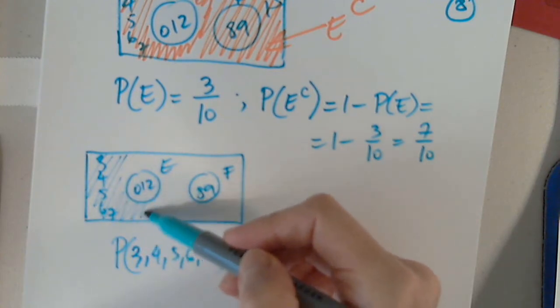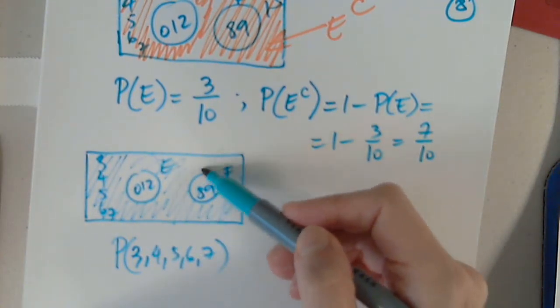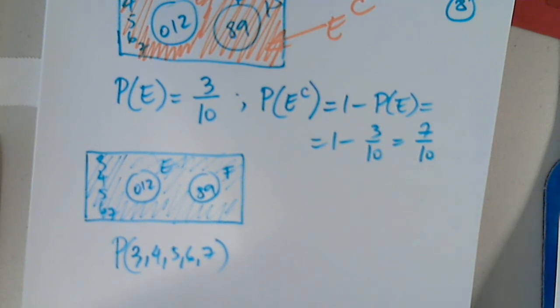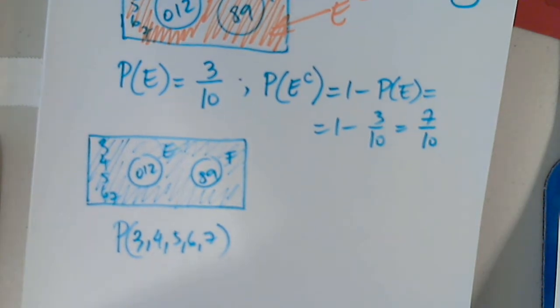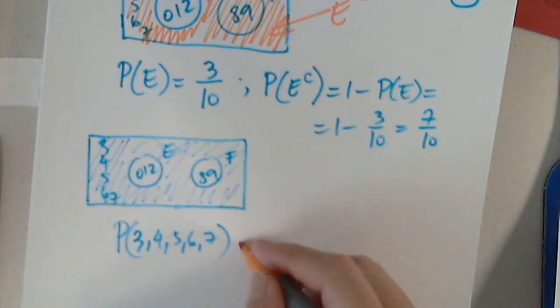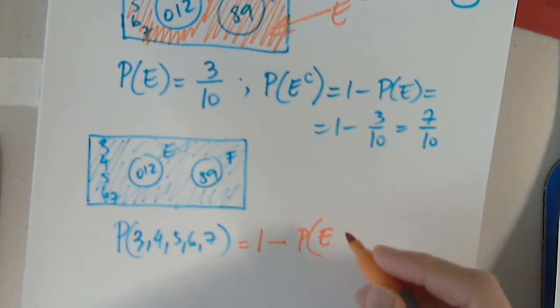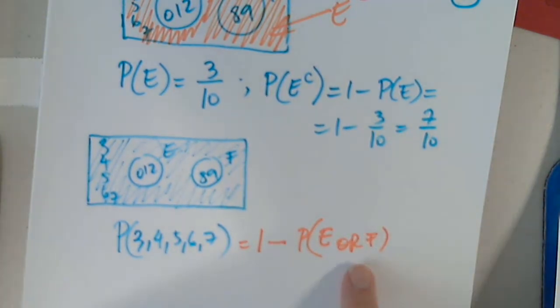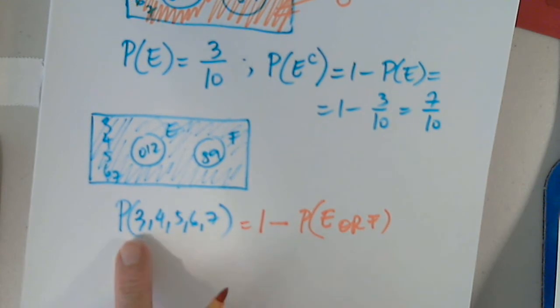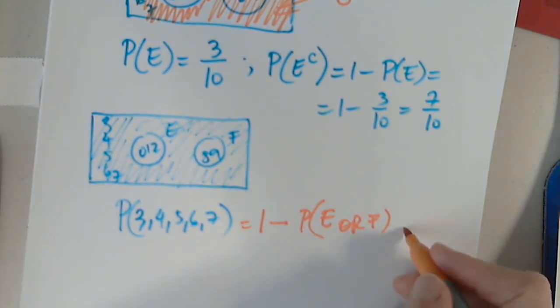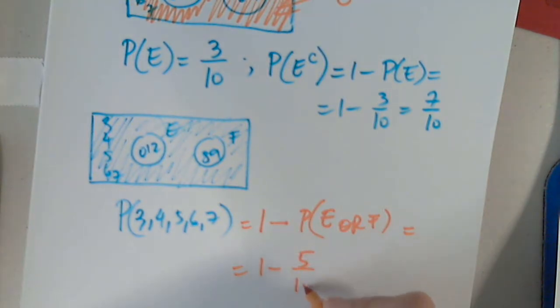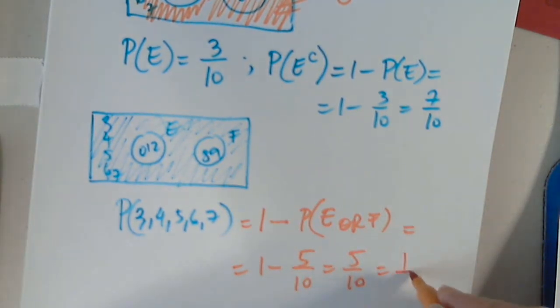It's everything else, everything that is not in E and not in F. How do I determine that? I will say 1 minus the probability that it is in E or F. This will be the complement of that. I know there are 5, so I would get 1 minus 5 over 10 equals 5 over 10, which is 1/2.